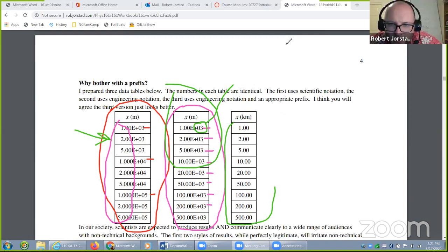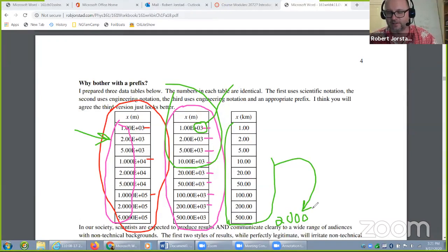Yeah. Okay. And then do the 1000. I get it. Yep. Engineers mainly use engineering notation. And then every once in a while, there are unusual exceptions where, let's say I had added one more number to here that was like 2,000. 2,000 kilometers technically is not in engineering notation, but just to keep all the numbers similar, that's the case where you would actually write this as 2,000 kilometers instead of 2 megameters.